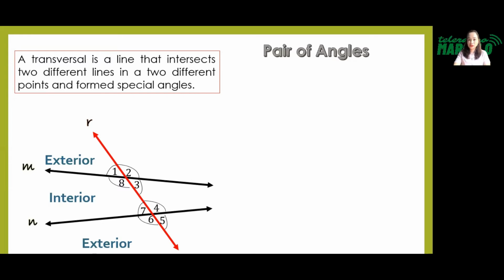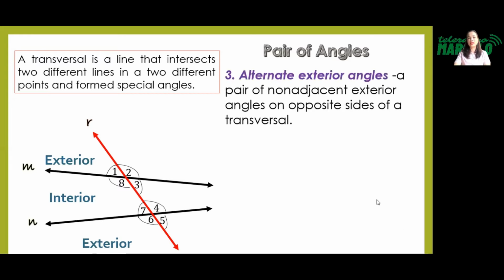The next pair of angles that we have is the alternate exterior angles. Alternate exterior angles are a pair of non-adjacent exterior angles on opposite sides of a transversal. Okay, so those are angle 1 and angle 5, angle 2 and angle 6.